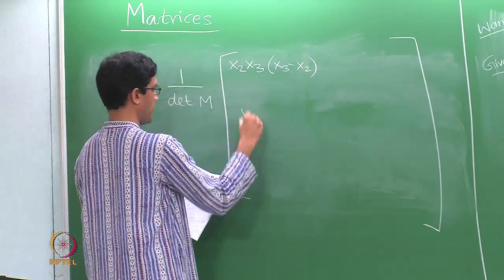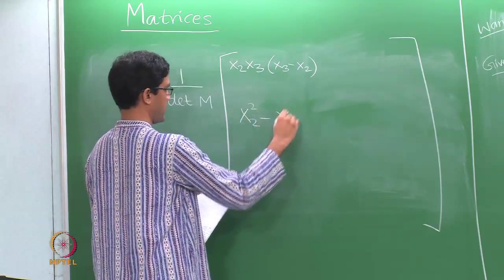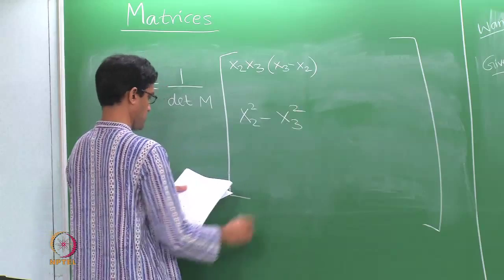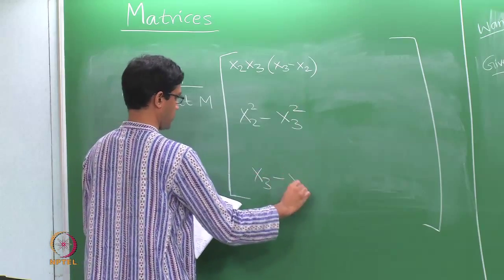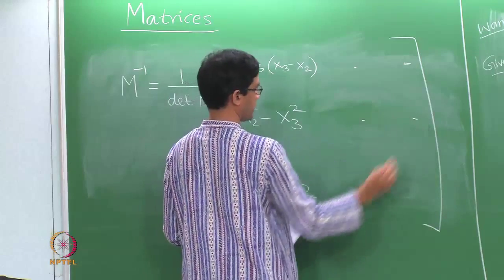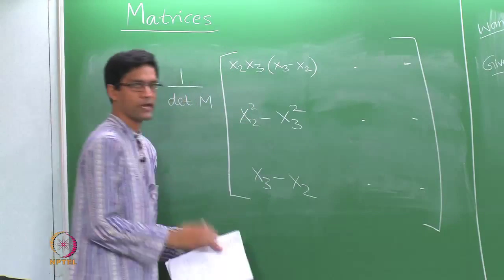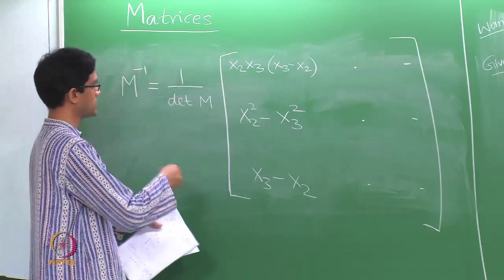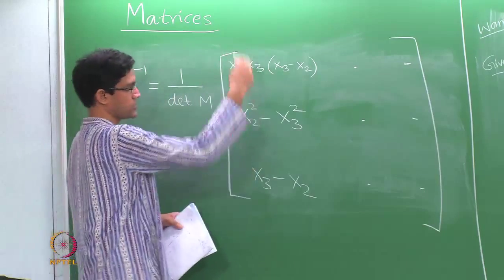This is x2 squared minus x3 squared. This is x3 minus x2. And then of course there are another 6 entries, second column, third column, which I'm not writing out at this point. So exercise number 2: check that these entries are correct.